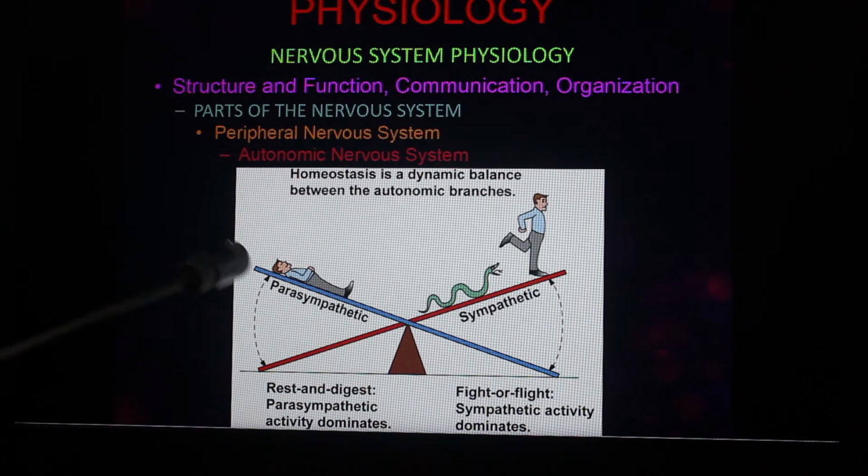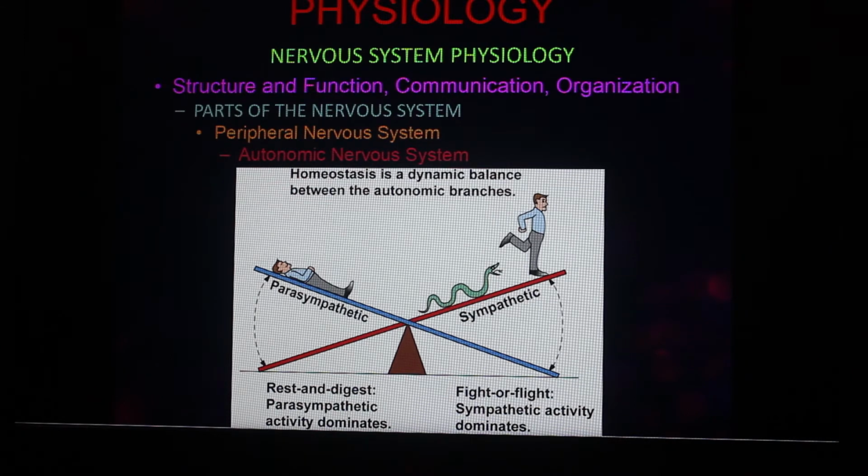When the parasympathetic system is active, your heart rate goes a little bit down, your blood pressure goes a little bit down, and your gut movements are a little bit increased.